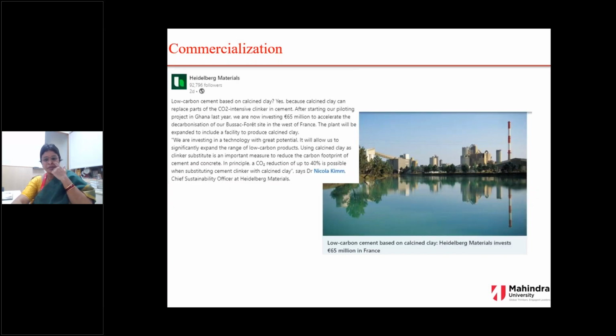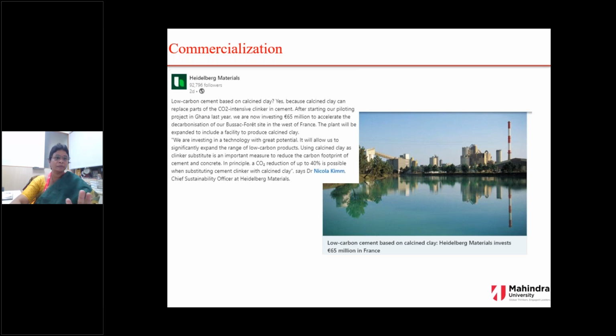And related to commercialization, recently Heidelberg Materials has invested around 55 million euros in France in order to develop this LC3 production.